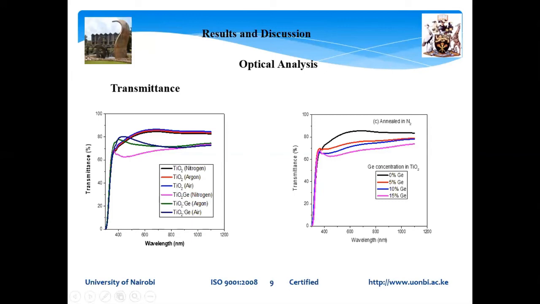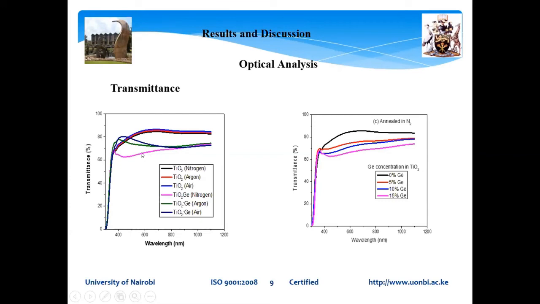Note that I was not able to show the TiO2 germanium films of ratio 95 to 5 and 90 to 10, but take note that they have a similar behavior as the ones that are shown down here. They behave in a similar way. So looking at these transmittance spectra, we can notice that the films annealed in nitrogen.